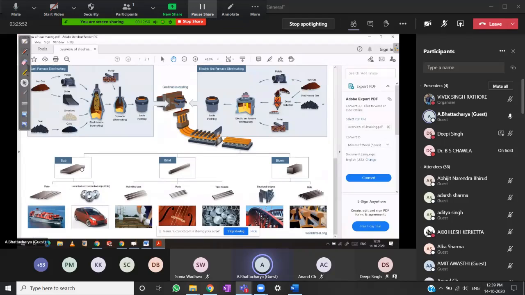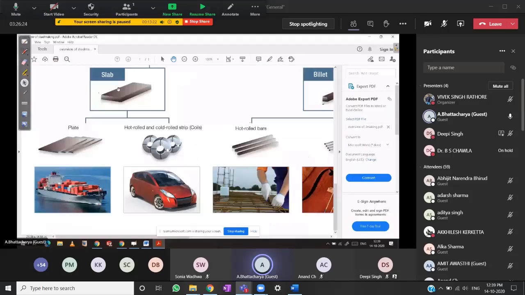For example, plates. Plates are used in various places, in making ships, making armor plates for combat vehicles, railway wagons, and so on.